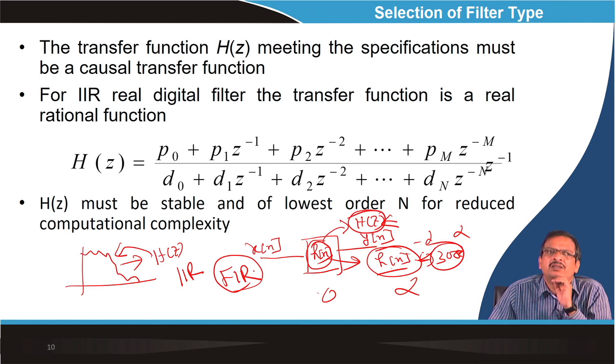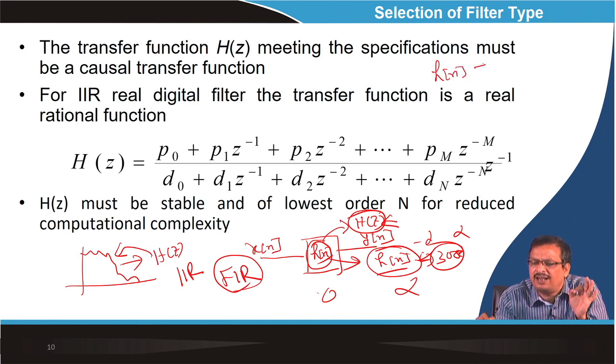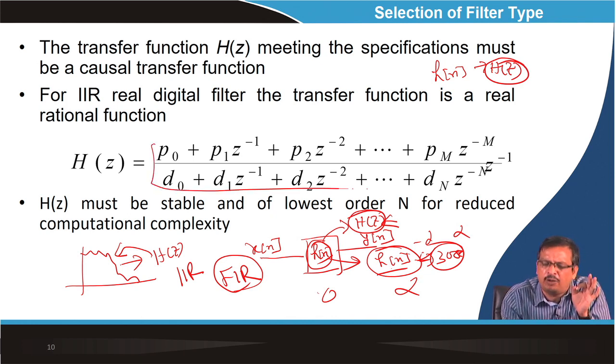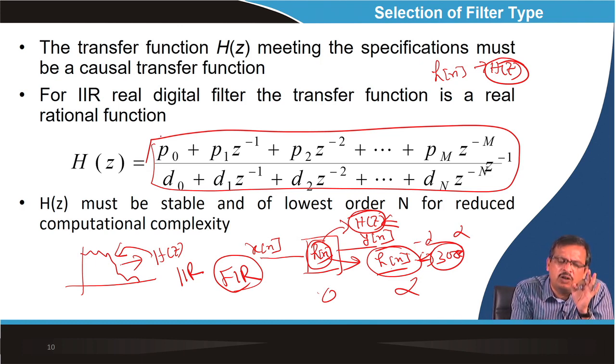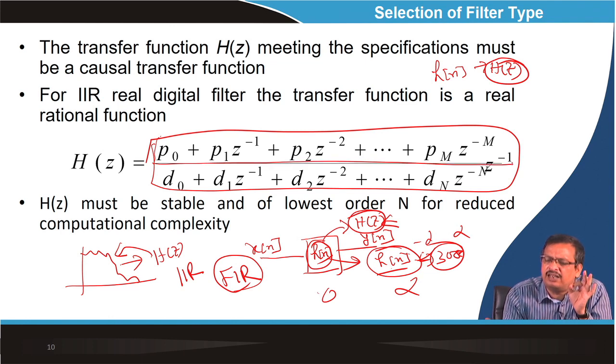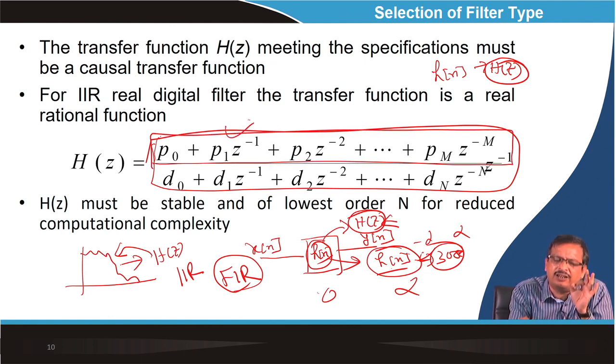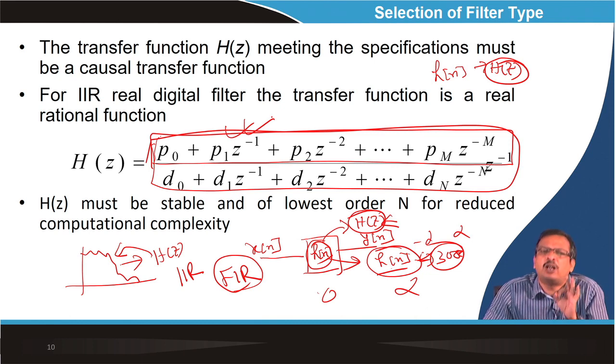When I say IIR filter, h(n) in the Z domain is H(z), a transfer function which is a ratio of two polynomials. From the Z transform, the solution of the upper polynomial gives the zeros, and the solution of the lower polynomial gives the poles. That's why H(z) is called a pole-zero filter.